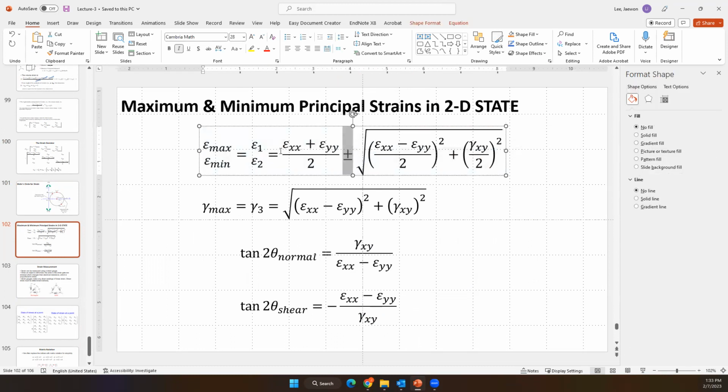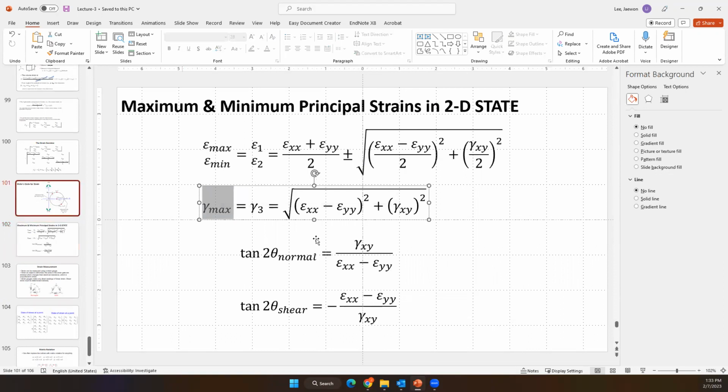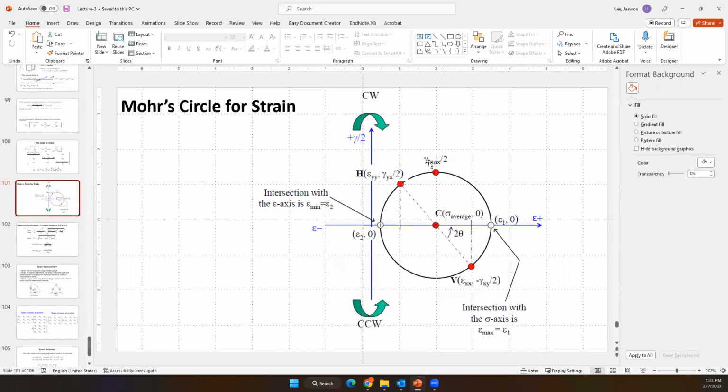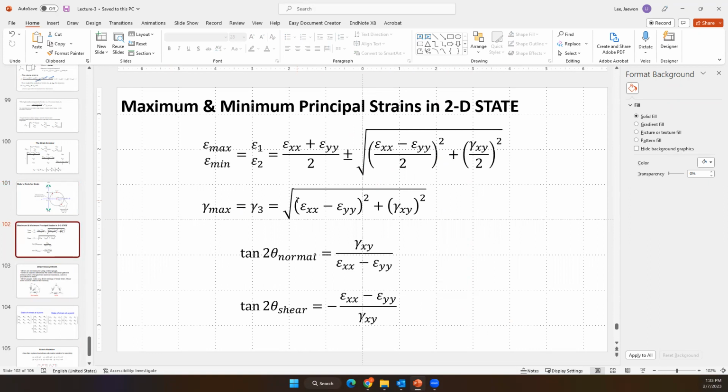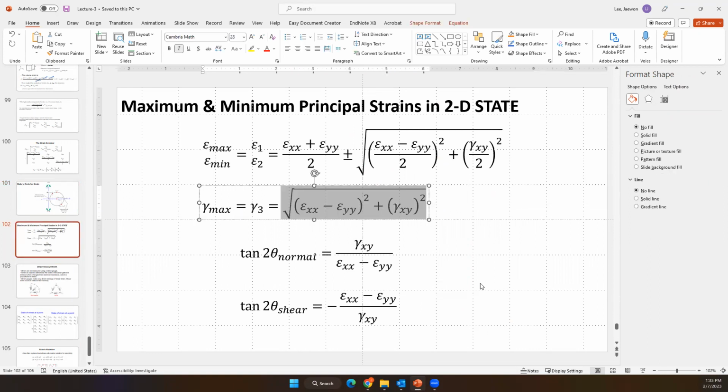Plus is related to the strain max, minus is related to the minimum. The max is also related to the radius of this circle, so we can calculate the diameter based on the circle equations.